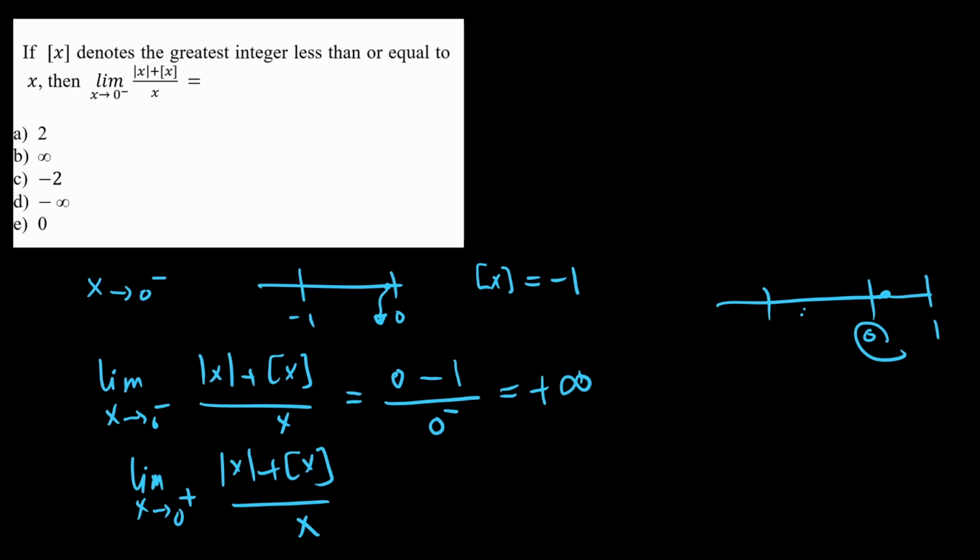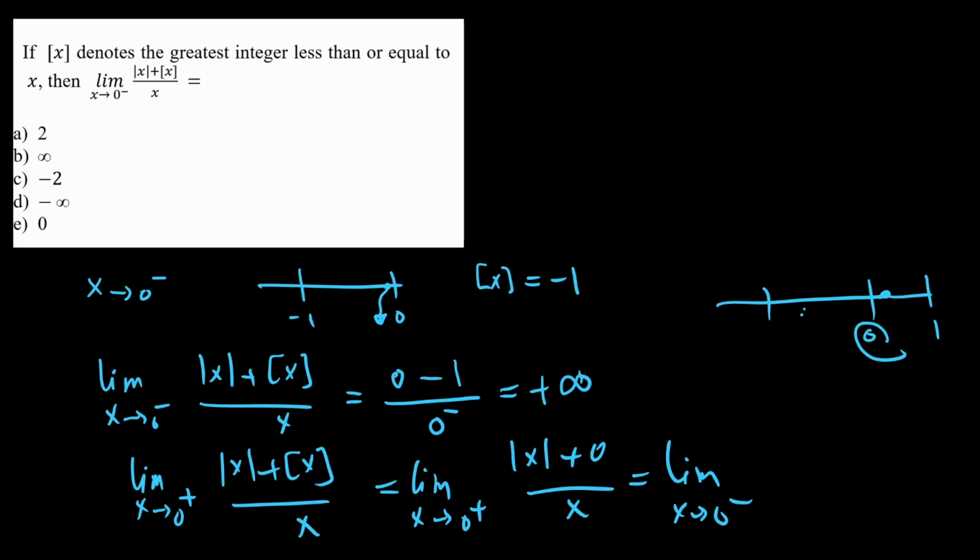So the greatest integer will be equal to 0, and therefore this is the limit as x goes to 0 from the right of the absolute value of x plus 0 divided by x, and since we're going to 0 from the right, then the absolute value of x will be just simply x, and this is x divided by x, and this will be the limit of 1, which is equal to 1.